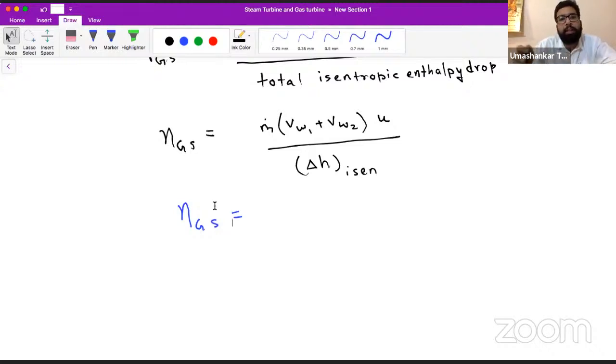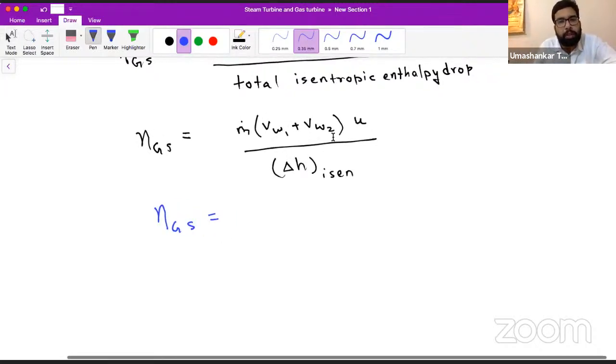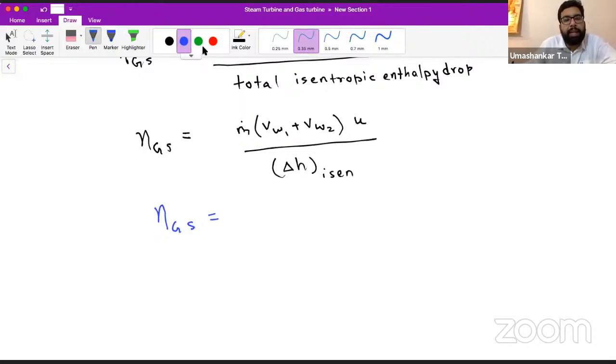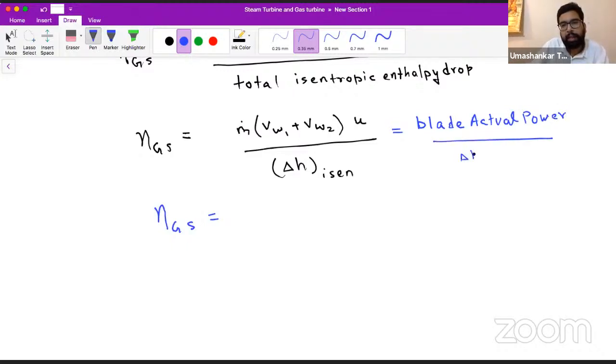We derived this relation in the previous session: in a blade we have this much blade power, the actual blade power. We established these equations in the previous lecture. So this is our blade actual power, and this is our isentropic enthalpy drop.